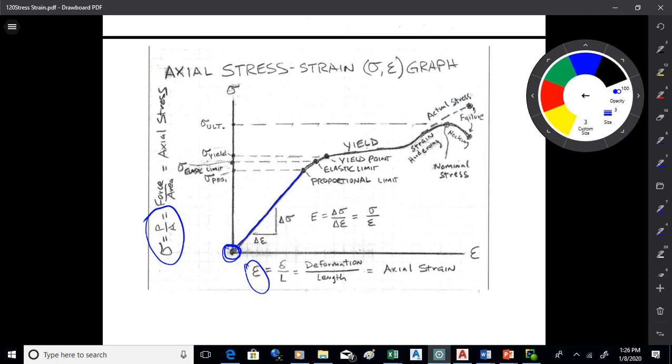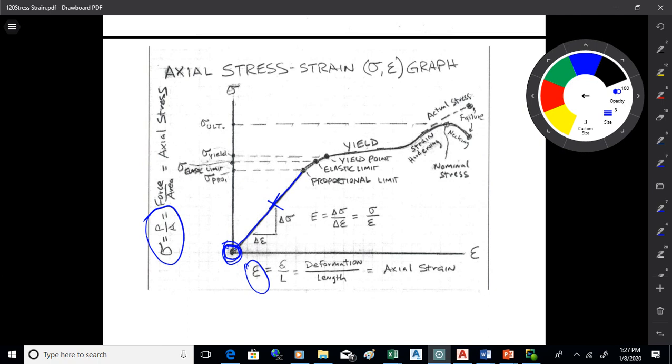So E is the modulus of elasticity. It's the change in stress divided by the change in strain, which will get you the slope. But being as you're starting at 0, 0, it's also just the stress over the strain, sigma over epsilon, okay? So if you're on that straight line portion of the graph, and you take sigma and divide it by epsilon, you get what's called E, the modulus of elasticity.